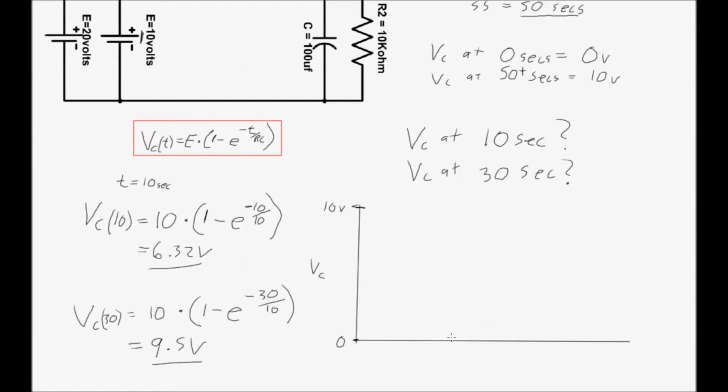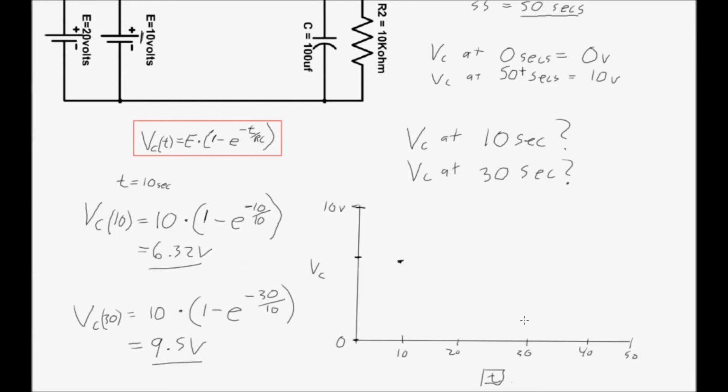So that's our VC, the voltage across the capacitor on the y-axis, and on the x-axis you have time in 10-second intervals, 10, 20, 30, 40, 50. We first found the 10-second voltage across the capacitor to be 6.32, so that's right there.